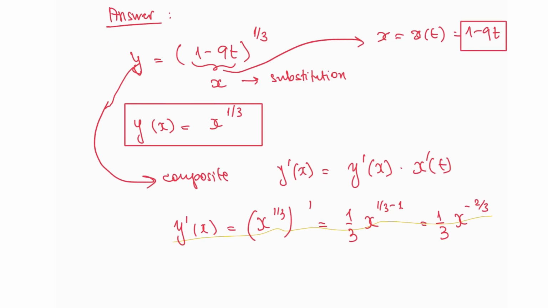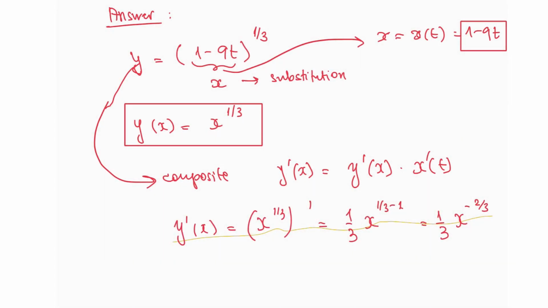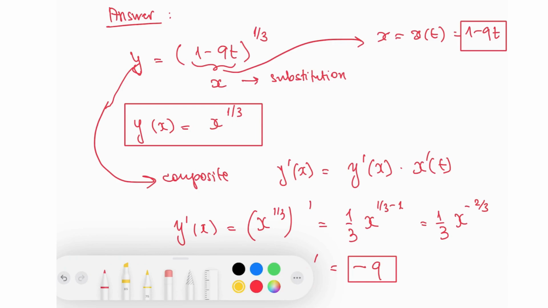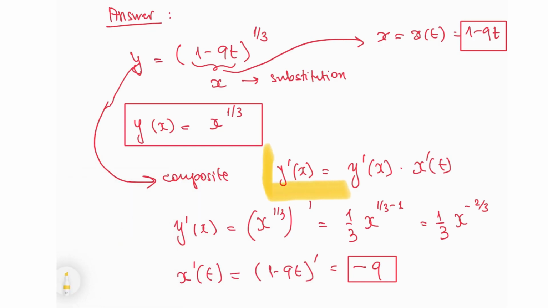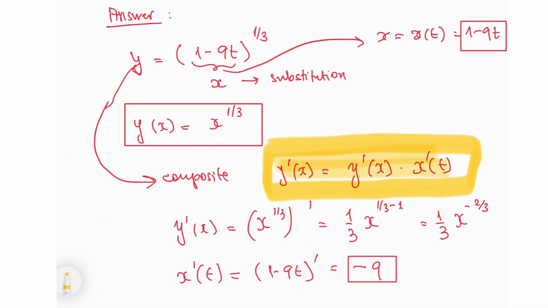And now we have x prime of t, which is 1 minus 9t prime, which is minus 9. Now we can use the formula, this formula here.